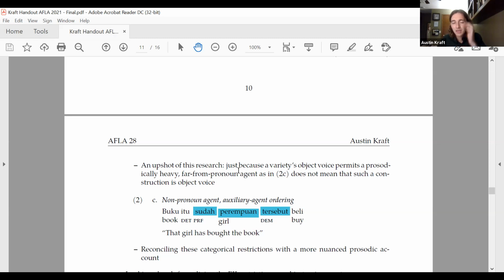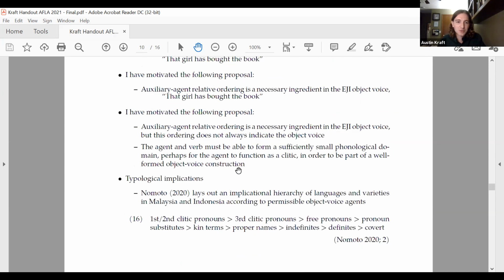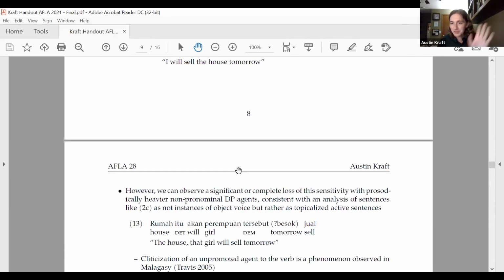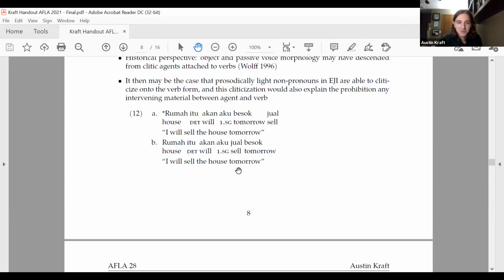What comes to mind initially is actually, if I could take this opportunity to revisit something that I just mentioned in passing and potentially to come back to. A sentence like 13 could be suggestive. So this is going back to intervening material and how in the object voice, going up to 12a, intervening material between the agent and the verb yields an ungrammatical sentence.